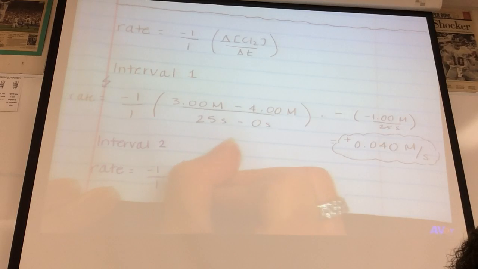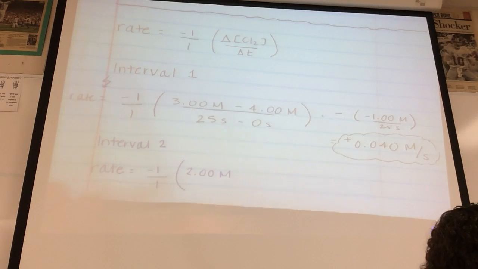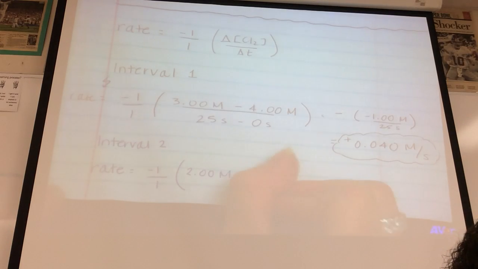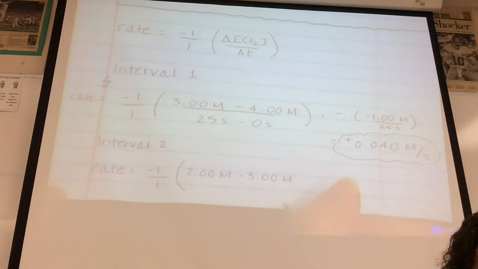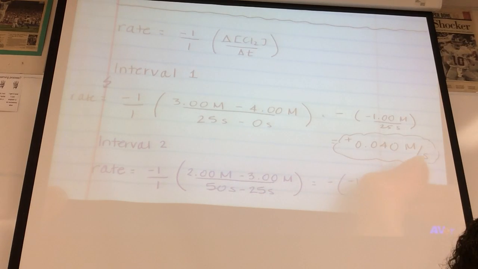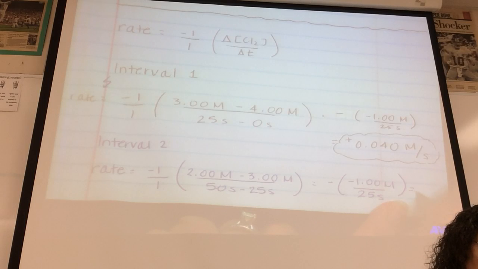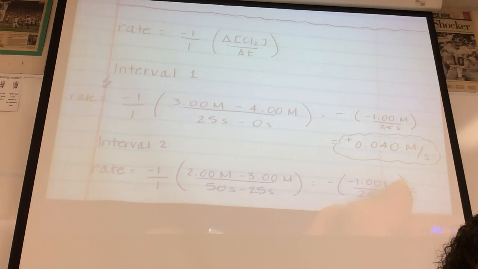Now we've got 2 molar, the concentration at 50 seconds, minus 3 molar, the concentration at 25 seconds, over 50 seconds minus 25. So that's going to be the same thing. This got a little squishy.